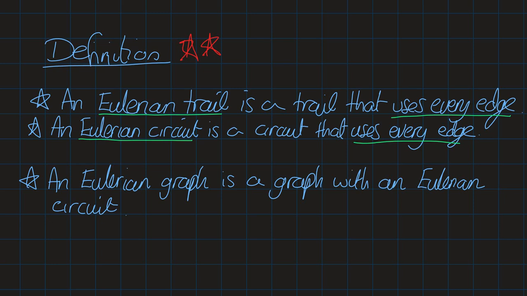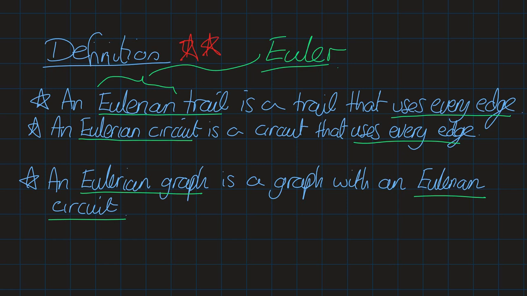Also I want to point out the word Eulerian comes from Euler, the person who solved the bridges of Königsberg problem. So he got this named after him. And the last part of this definition is an Eulerian graph is a graph with an Eulerian circuit.